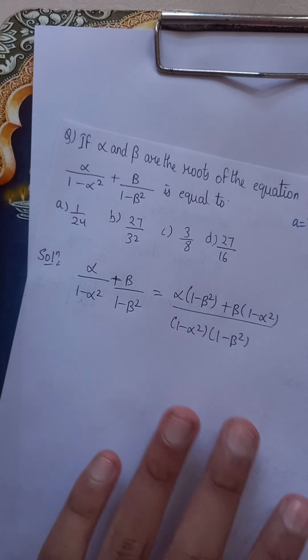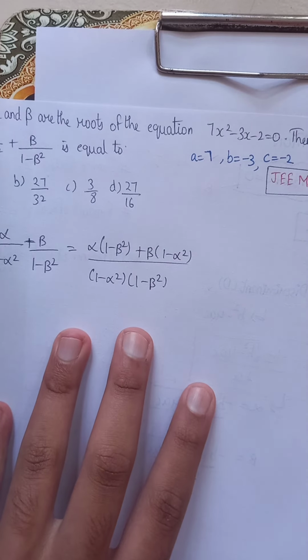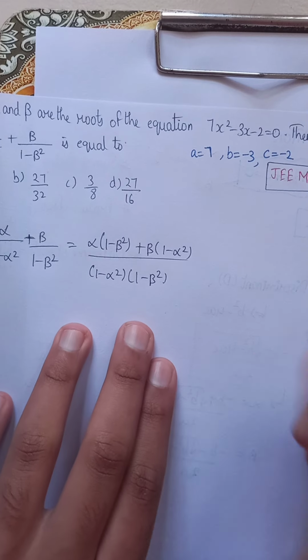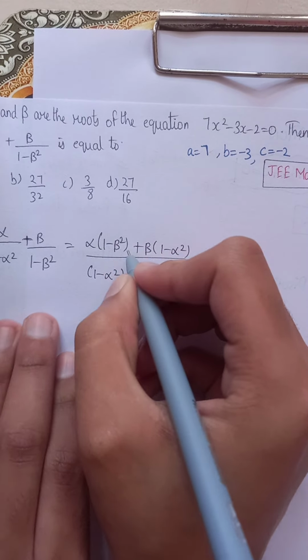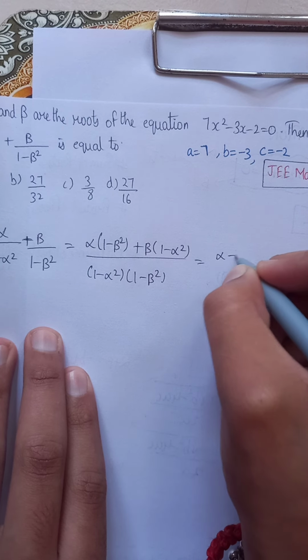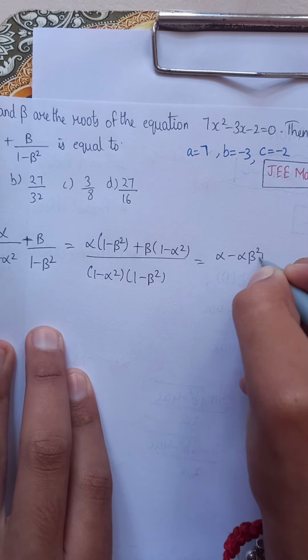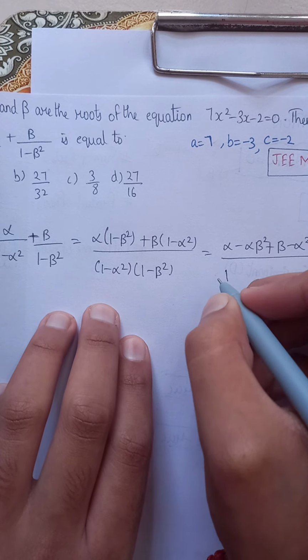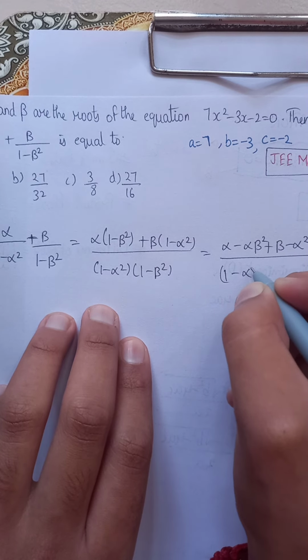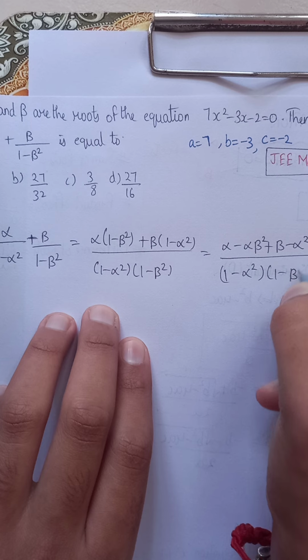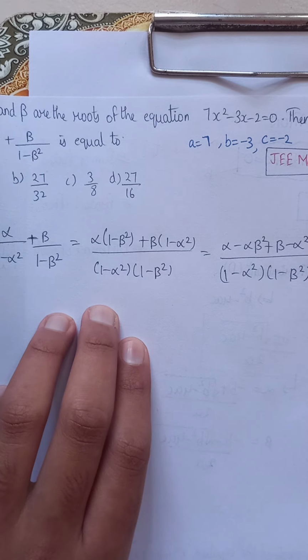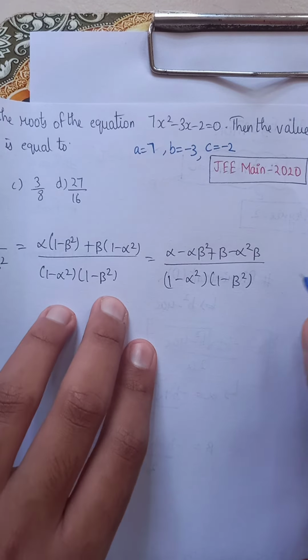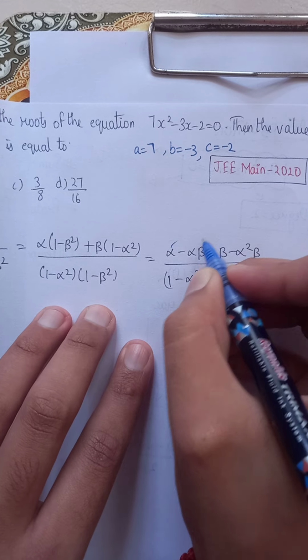Now if you start simplifying, multiply alpha inside, so we get alpha minus alpha into beta square plus beta minus alpha square beta, divided by 1 minus alpha square into 1 minus beta square. Now see, you can see these two, right?